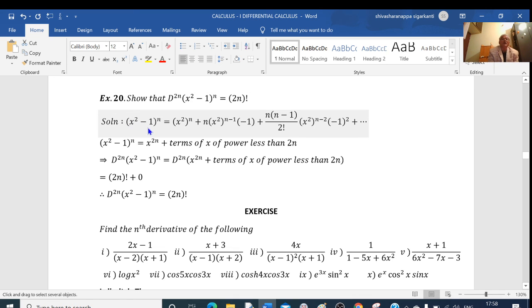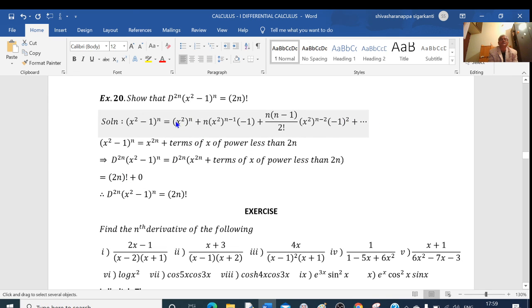See here, I will write (x^2 - 1)^n, expanding this by binomial theorem: a^n (x^2)^n plus nC1, that is n, into a^(n-1) (x^2)^(n-1) into b, b is minus 1, plus nC2, that is n(n-1)/2 factorial, into a^(n-2) (x^2)^(n-2) into b^2, that is (-1)^2, plus and so on.